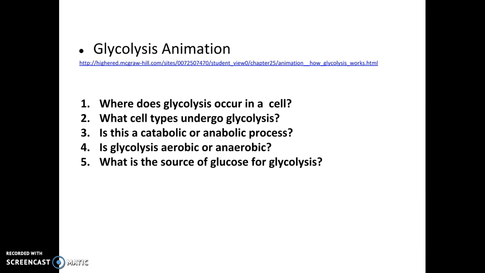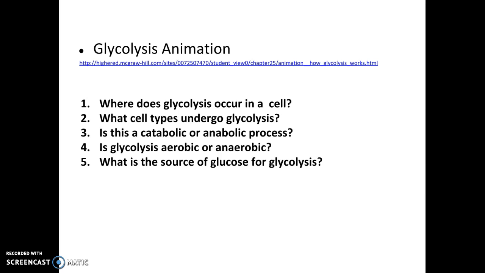So is this a catabolic or anabolic process? This is a catabolic process. We are breaking down glucose to make smaller three carbon chains. So this is a catabolic process. Glycolysis is an anaerobic process, does not require any oxygen.